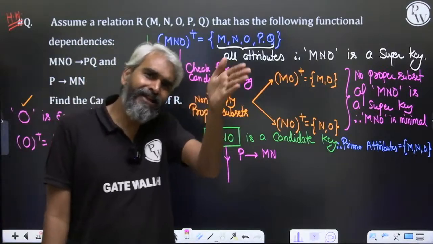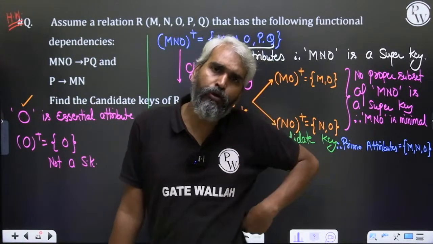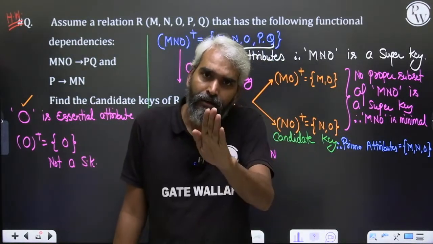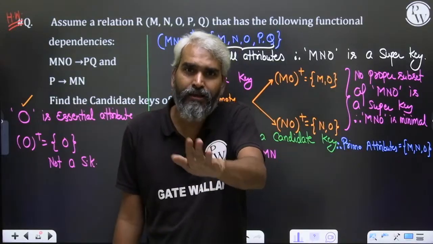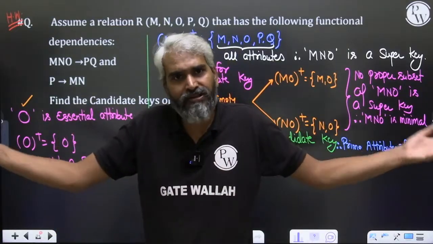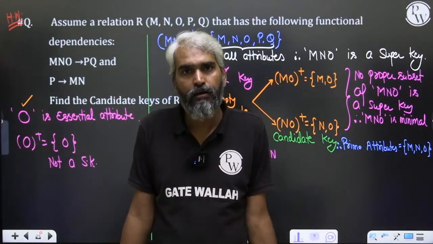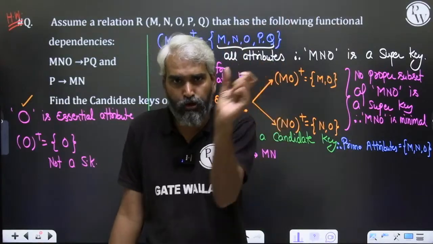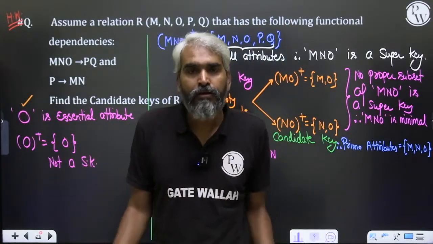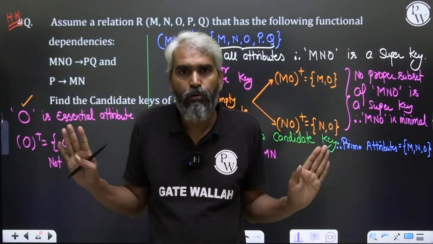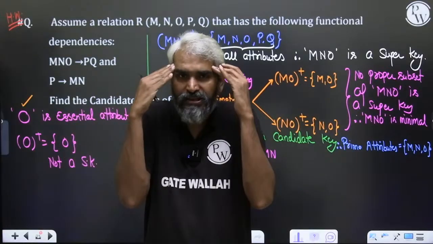Oh, when did I say that minimal will contain minimum number of attributes? Minimal is a property associated thing. Minimal has nothing to do with the number of elements in the set. Did I ever say that a minimal key should contain the minimum number of attributes? It's your imagination and your assumption.